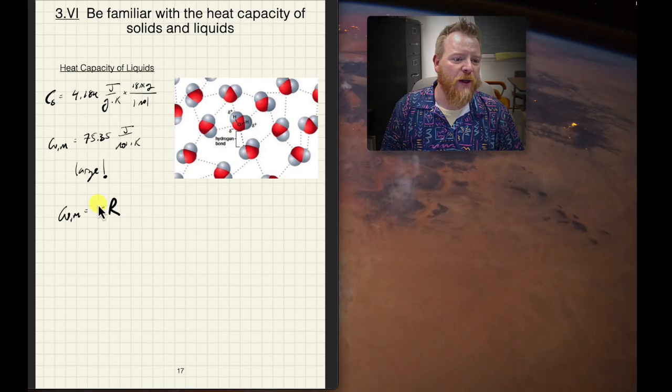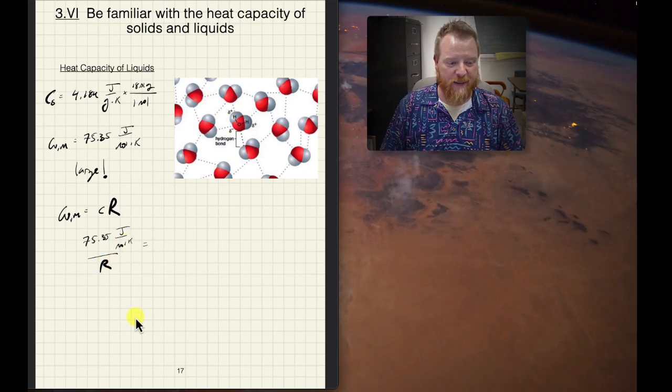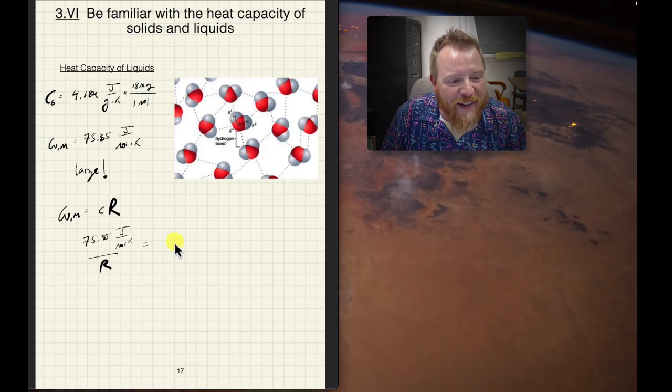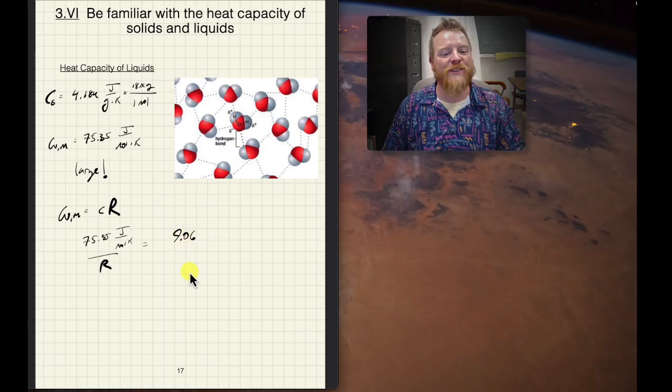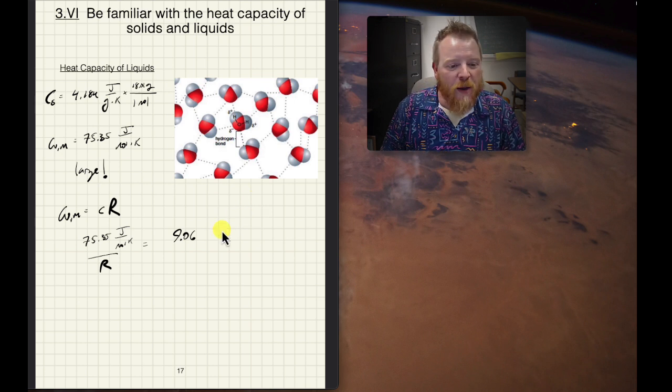So let's try to reverse engineer that number. If I plug in 75.35 joule per mole per K, and divide it by the gas constant, I get 9.06. So it's not quite an integer, but it's really close to 9.